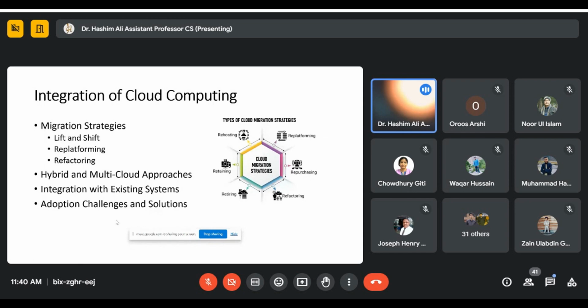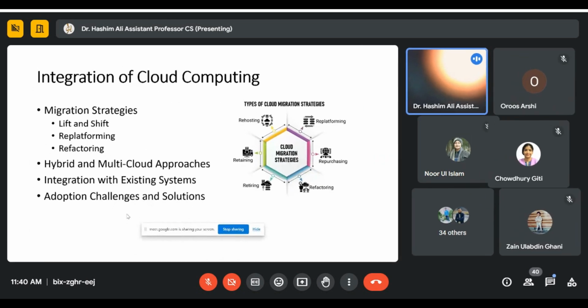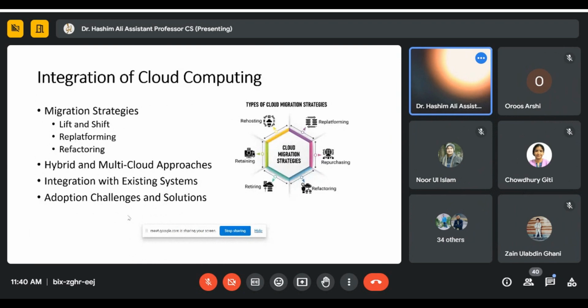So one migration strategy is to replatform the application which requests the use of a resource within the cloud domain, moving it from one place to another. But in refactoring, we design our application so that it can be accommodated as per the architecture of the cloud infrastructure.